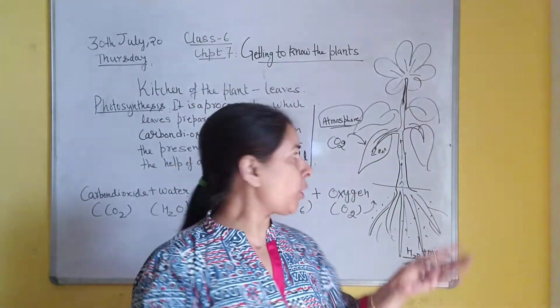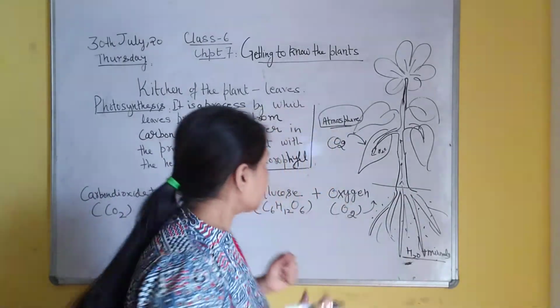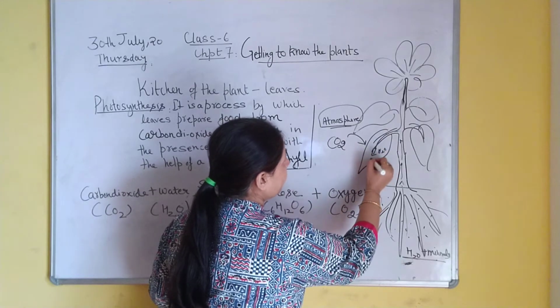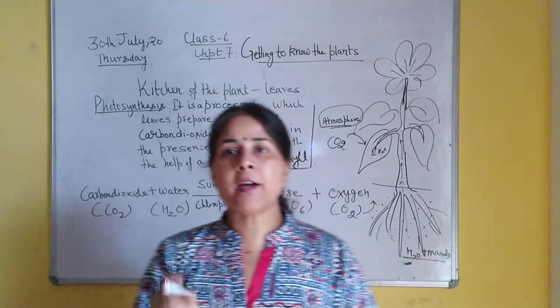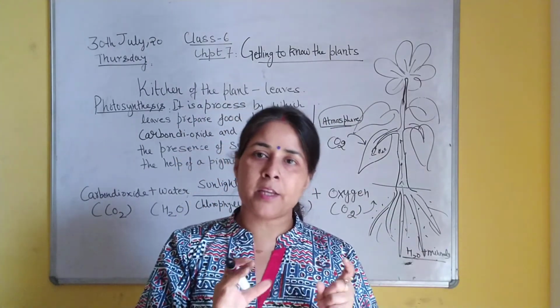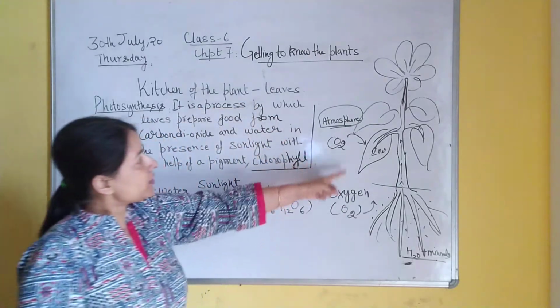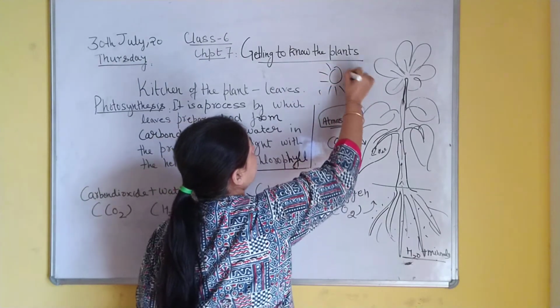Once the leaves get water, they start to take in atmospheric carbon dioxide, and carbon dioxide and water enter into the leaf. There are some special cells where chlorophyll pigment is present. In the presence of sunlight, you have to have sunlight.